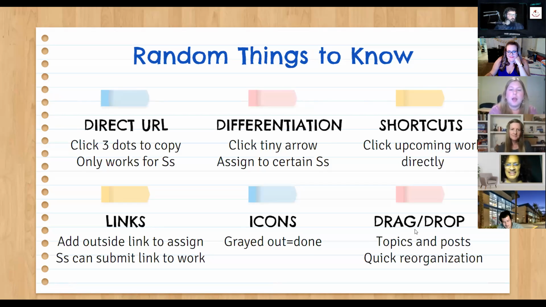Okay. All right, so let's see, differentiation. If you're not aware of this, again, tiny arrow to the rescue. When you are assigning work, if you click on the tiny arrow for the assignment, the material, the question post, the stream announcement, you can assign it just to certain students. So for example, if you have students that are absent and you don't want them to see something, you can uncheck their names and then recheck their names later, and it will then provide them access.